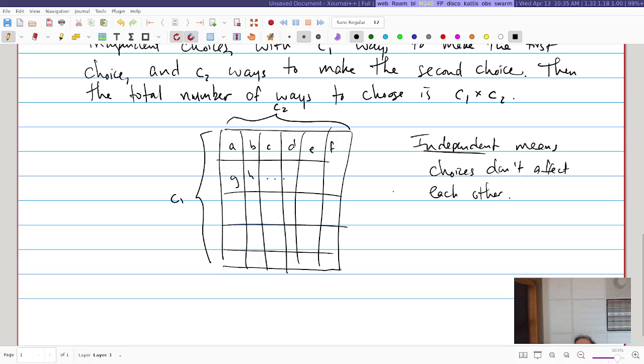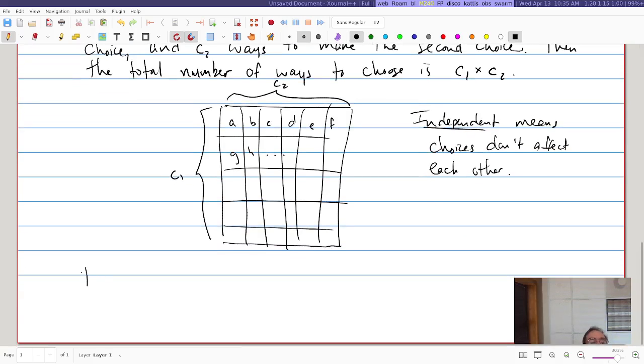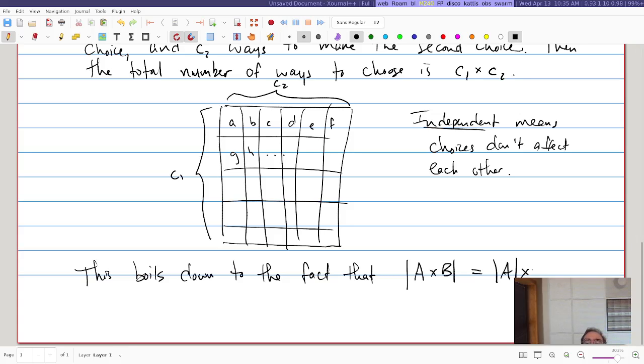Okay, and really, this boils down. We can see this as an instantiation of the fact that the size of a Cartesian product is the product of the sizes. Right? Why is that?